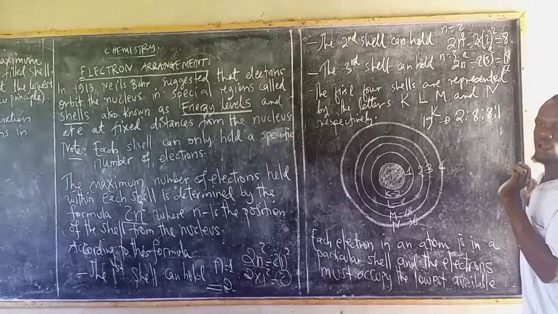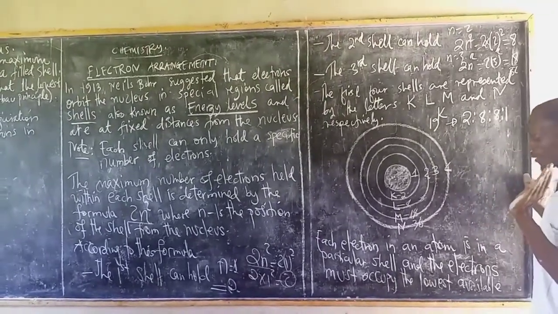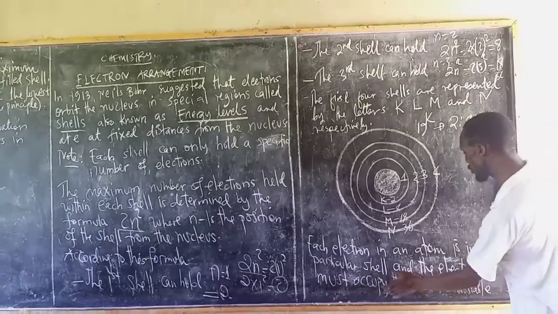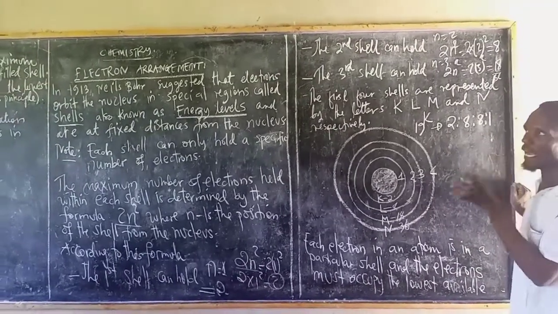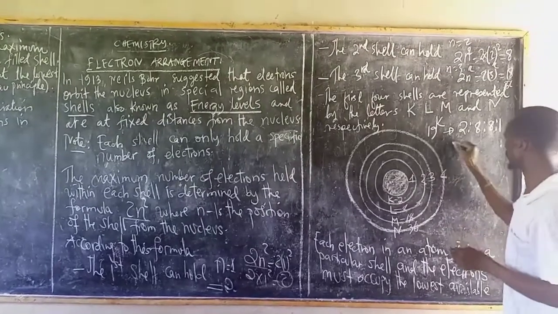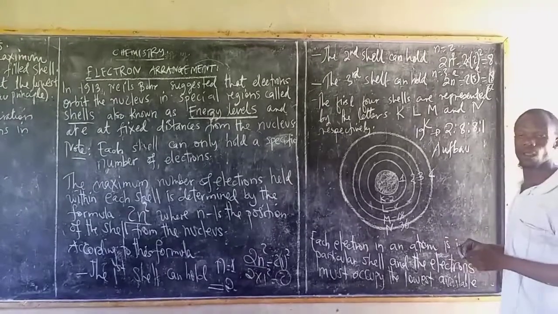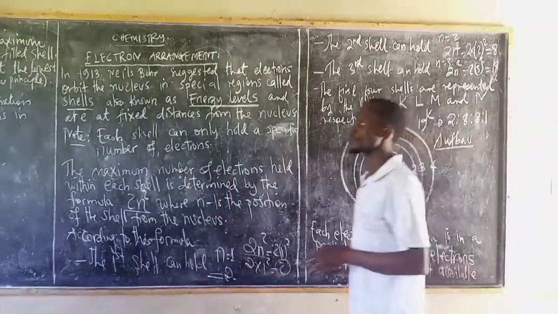And if that is the case, the electrons must occupy the lowest available shell nearest the nucleus. This is according to the Aufbau principle.